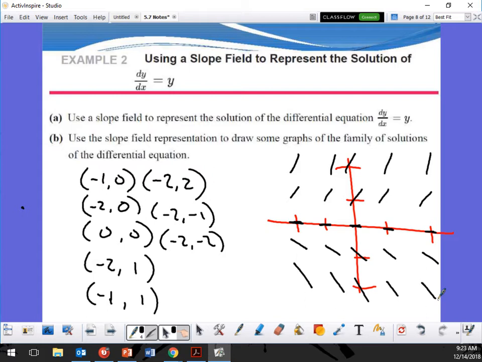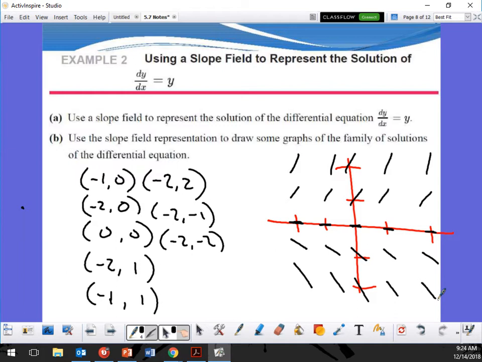Now, the really big important thing to understand is, look at the shapes. From that graph right there, can you look at it and tell that the x had nothing to do with it? If the y's are always going to be the same thing going all the way across, that means the x's don't matter.